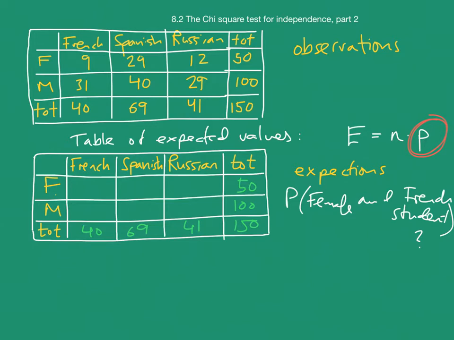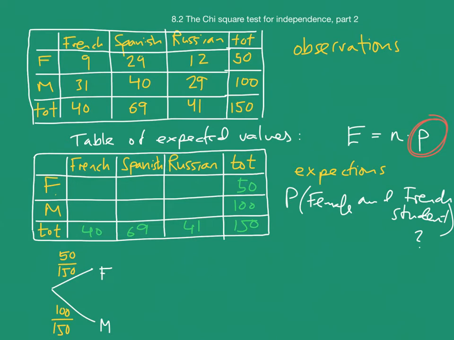And just to illustrate that, we could go back to the tree diagrams to see how this would work out. Well, out of these 150 students, 50 are female. So first off, in a tree diagram, what's the chance of picking out a female student at random? That would be 50 out of 150, and likewise picking out a male student, the chance of that would be 100 out of 150.